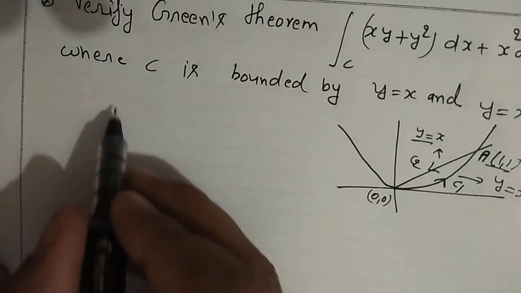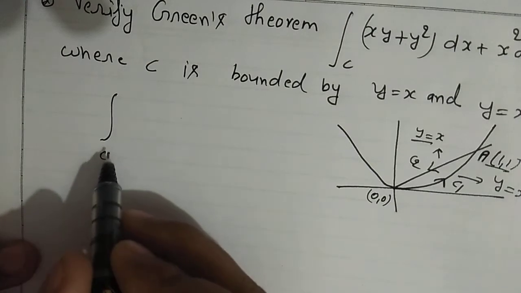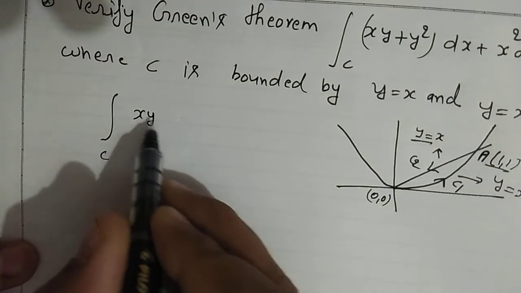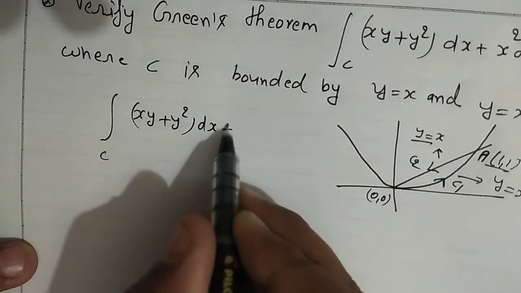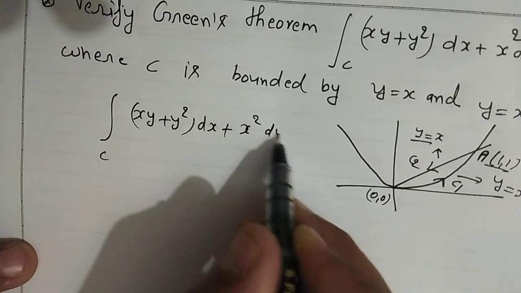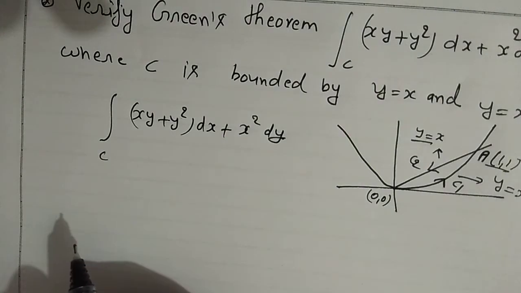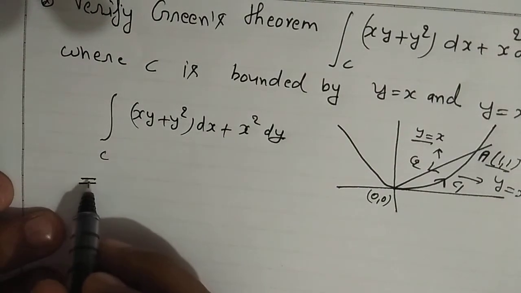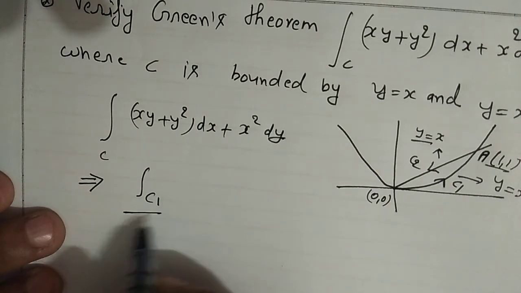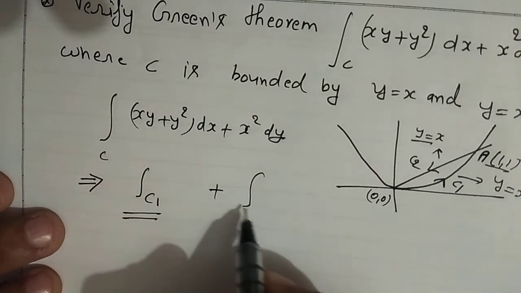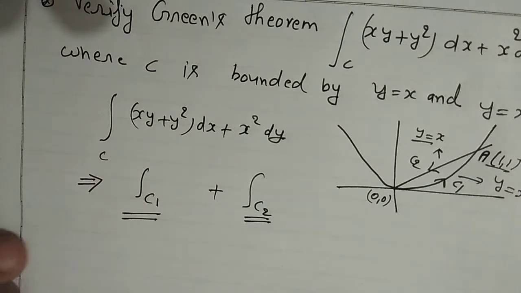So the line integral will be the integral over C of (xy plus y square) dx plus x square dy. This will be equal to the integral along C1 plus the integral along C2.